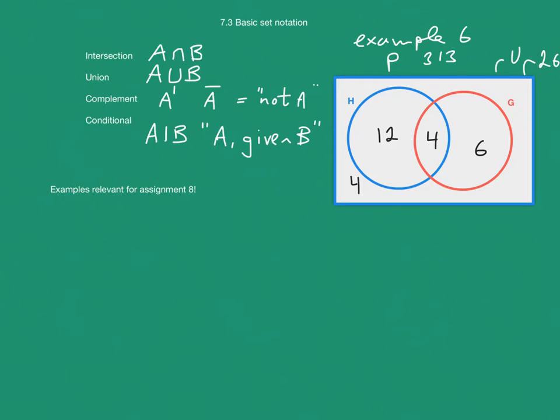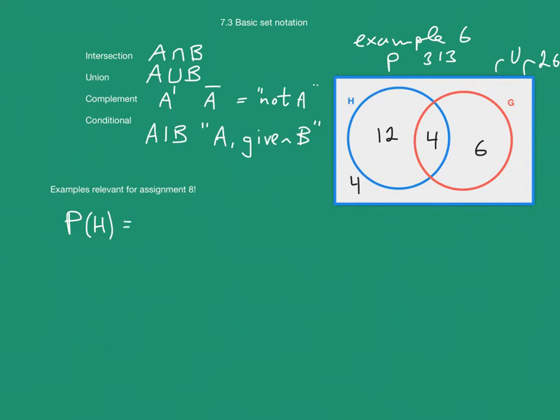Okay, now I also want to briefly look at some examples that are directly relevant for your assignment 8. And we'll start with, okay, we want to find the probability of H. Now remember that the universal set here, the size of that set, that's the entire rectangle, and the size of it is 26.